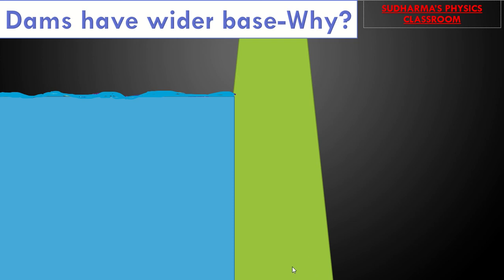The bottom part of the dam is going to be wider. Why? Dams have a wider base. Why? In dams we have water stored to a height, right? We are just stopping the natural flow of a river, and we are stopping water there. So water will be stored at a very huge height.